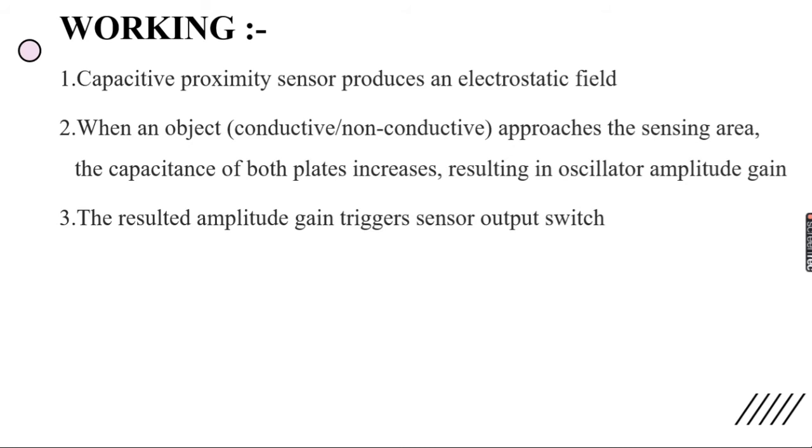The capacitive proximity sensor produces an electrostatic field, and when an object appears in the sensing area, the capacitance of both plates increases, resulting in an oscillation amplitude gain. Based on the change, the output switch changes, and it detects the presence of the object.